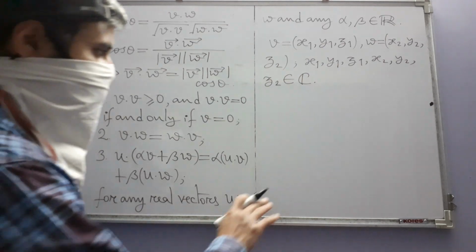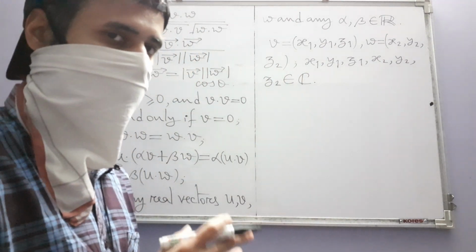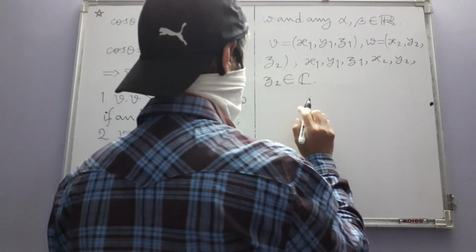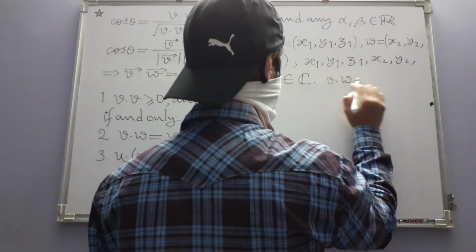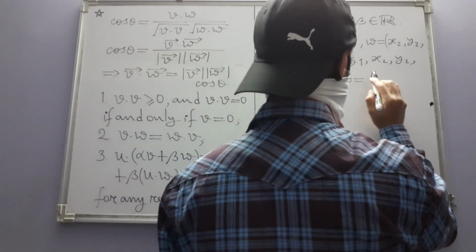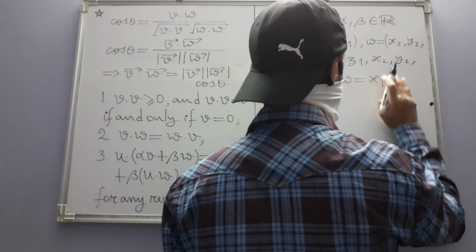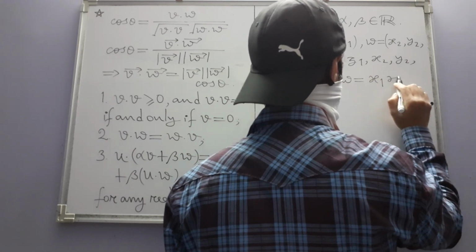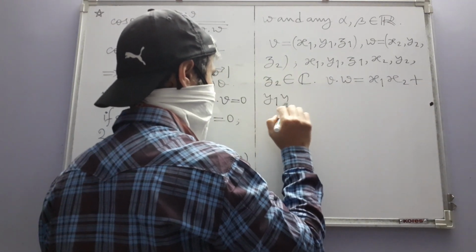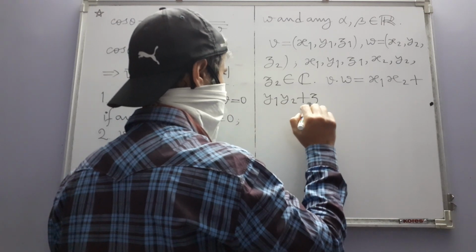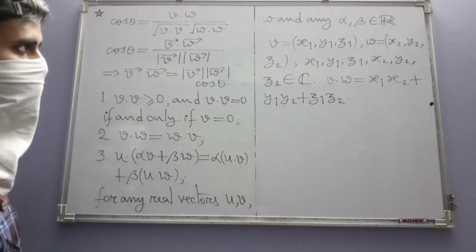And say by defining, similarly, the dot product blindly, I mean just you simply define v dot w to still be this scalar x1 x2 plus y1 y2 plus z1 z2.